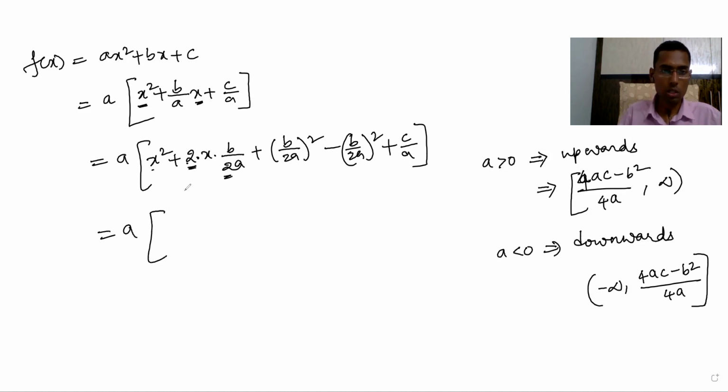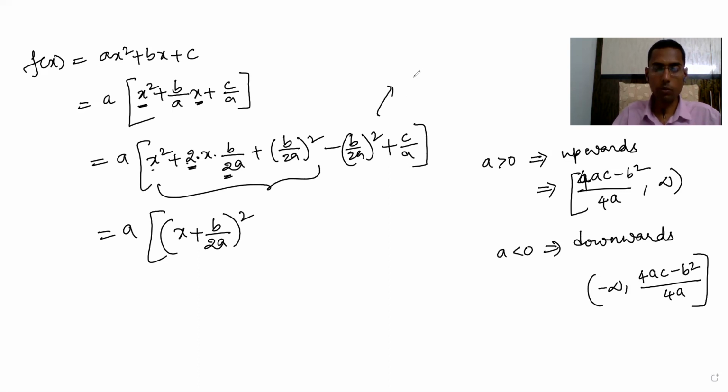So now, up to this much, what should I write? x plus b by 2a whole square. Then this I am simplifying. If I simplify, c by a I am writing positive first, and negative b square by 4a square next. So if I take the LCM, what do I get? Plus, because here it is plus.